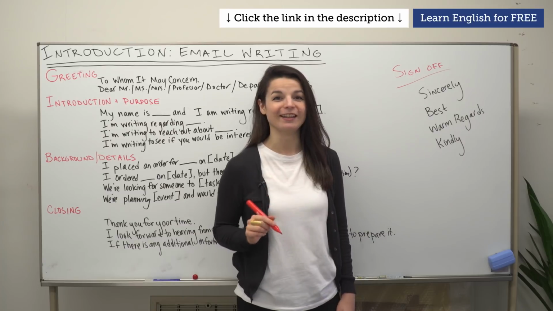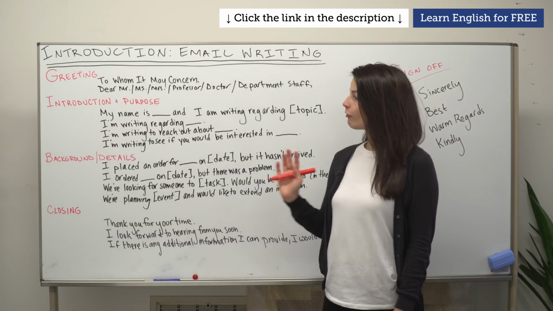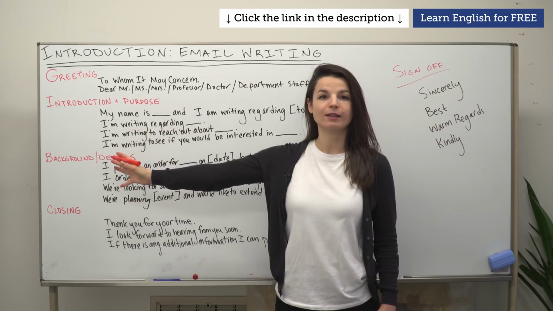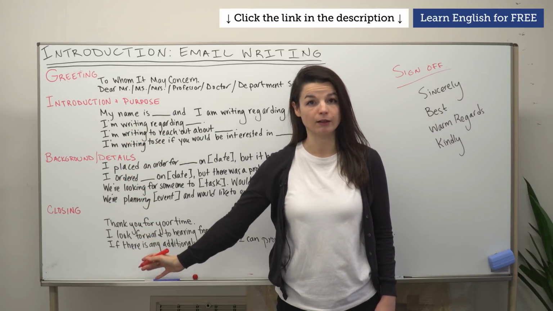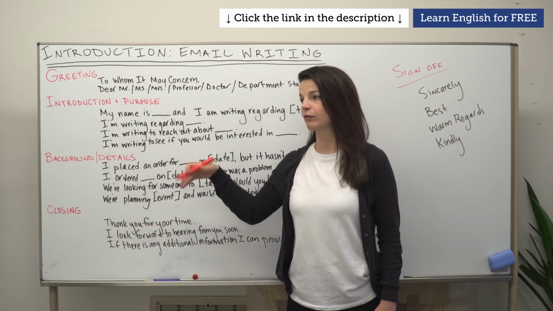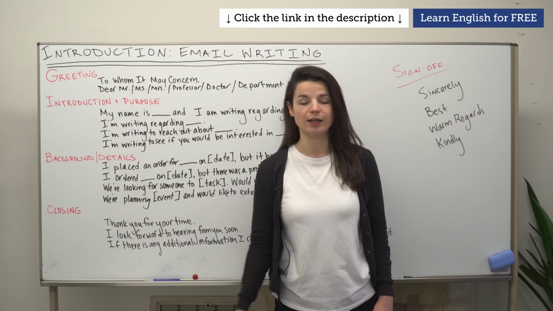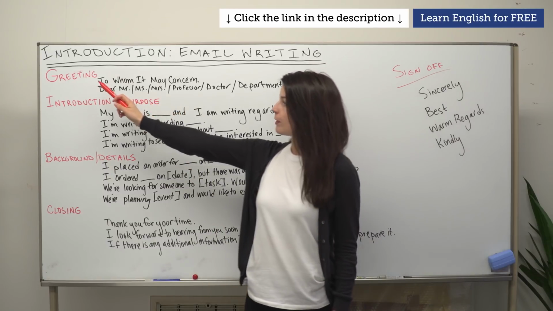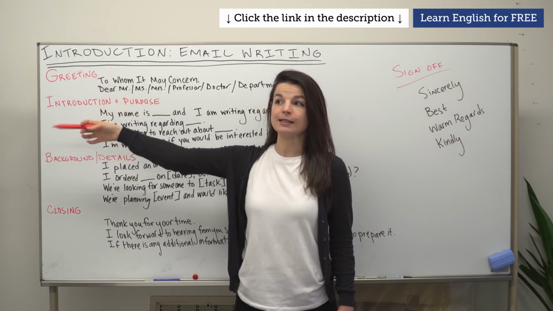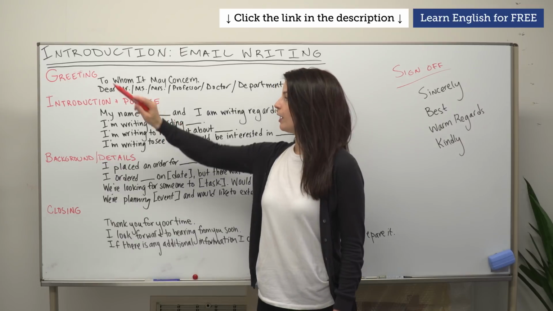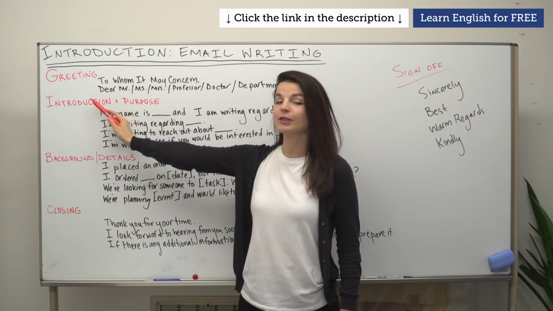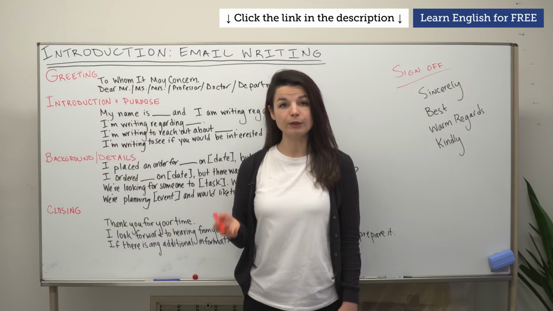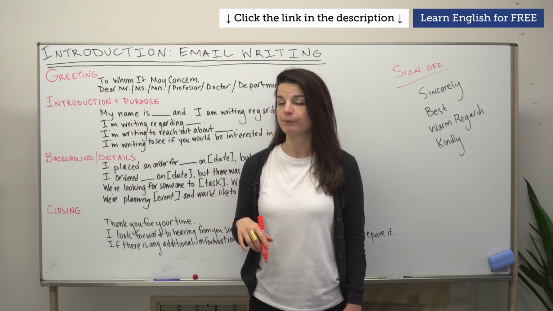So let's get started. All right, first I want to take a look at the general format, the basic parts of an email, at least in terms of American English business emails. Simply put, we begin with a greeting, a simple greeting, the dear part of your letter. Then perhaps an introductory phrase that introduces the purpose, the reason you are writing the email.